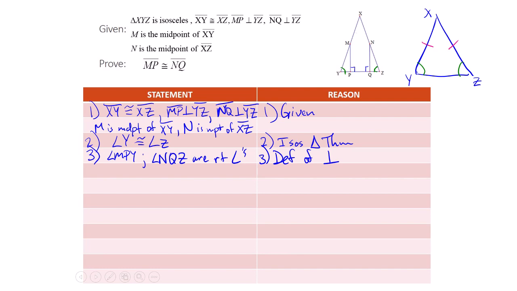Okay, and then now we have the midpoints, right? So what do midpoints tell us? That tells us that we have some congruent segments. We know that segment XM must be congruent to segment MY, and also XN must be congruent to NZ.